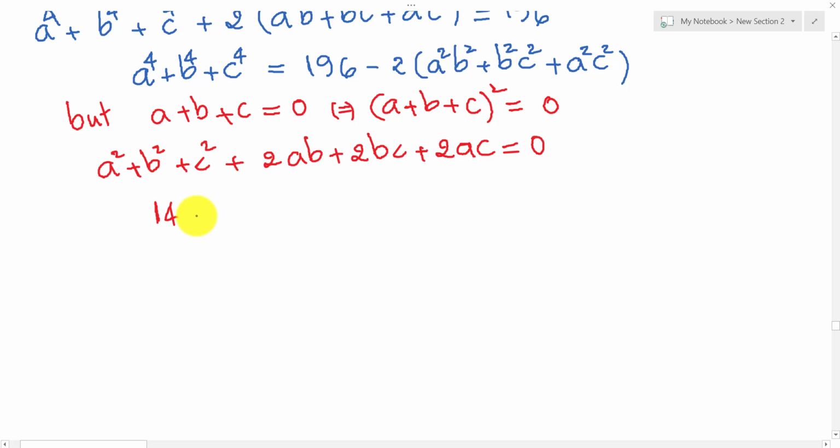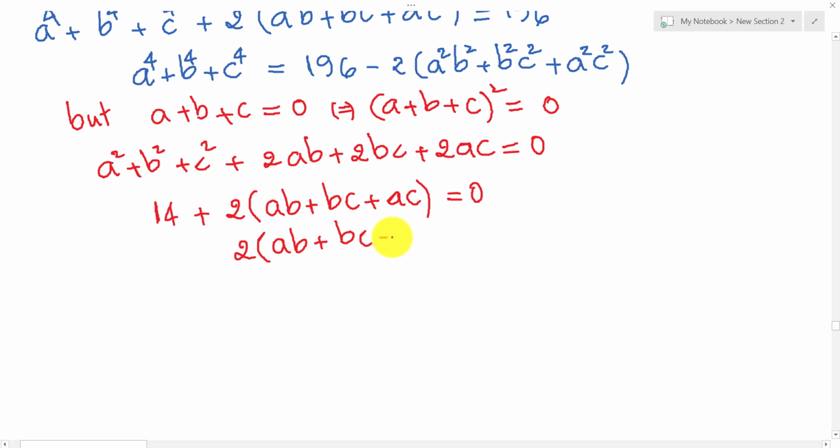14 plus this, I can factor it. So we get 2 factor (ab plus bc plus ac) equals 0. And then I move 14 to the right hand side. We get 2 factor (ab plus bc plus ac) equal minus 14.